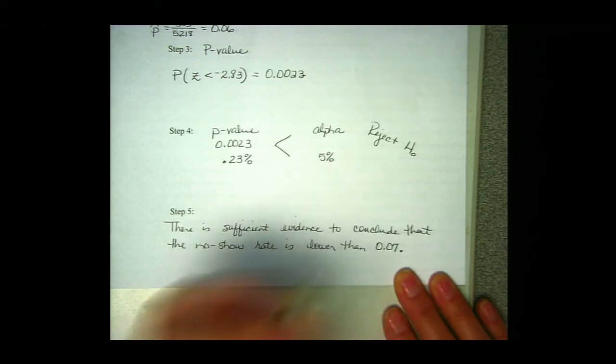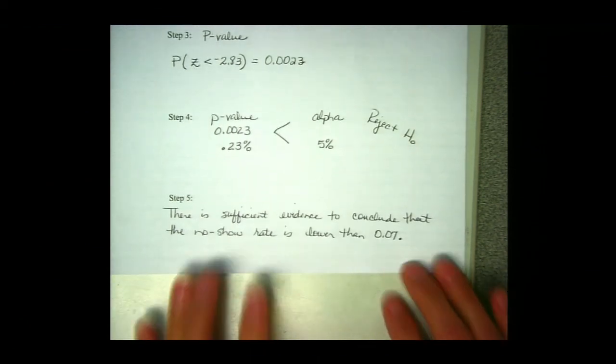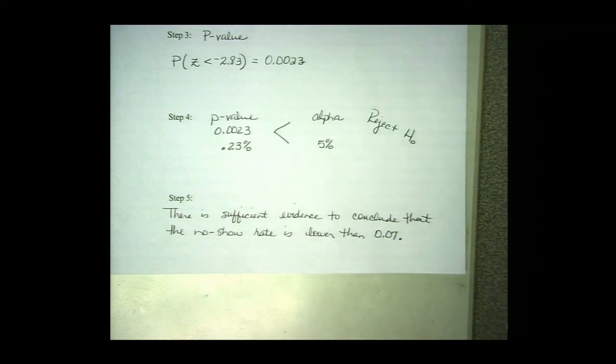So that just basically says that the new system is working. So the no-show rate has declined from what it used to be. So that is 8.3.